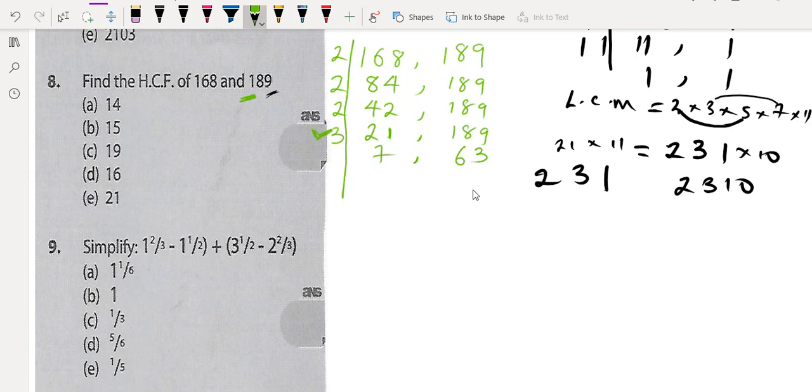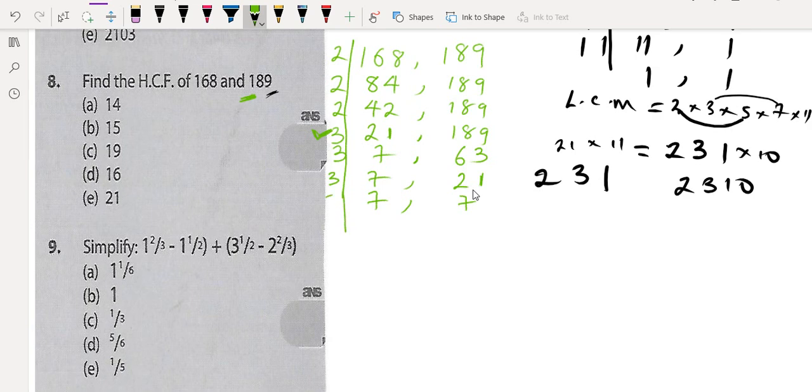Okay, let's see if 3 can still go. Can 3 divide any? Yes. So 3 into 7. 3 into 6, 2, and 1. The 3 did not divide it, so we're not going to mark it, right? Yes. 3 into 7, cannot. 3 into 21, 7. 3 did not divide 2, so no marking still, right?